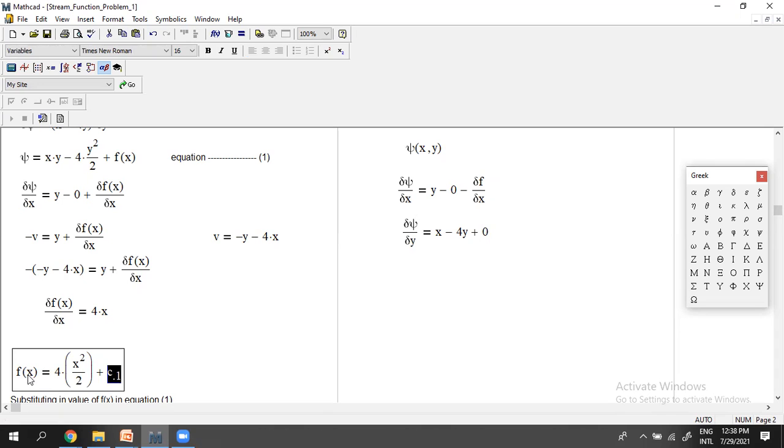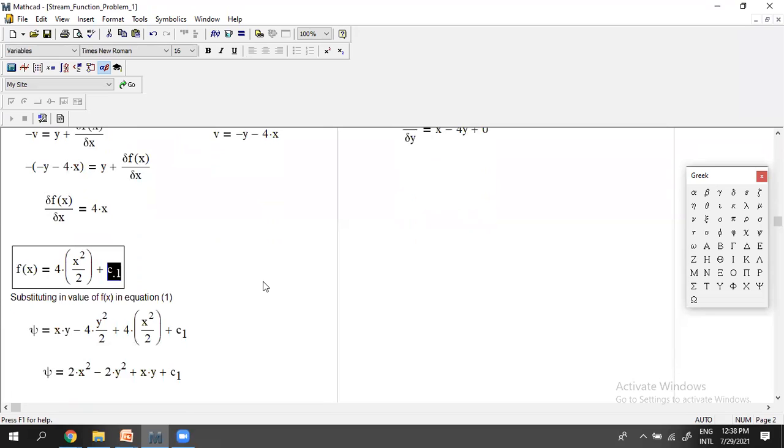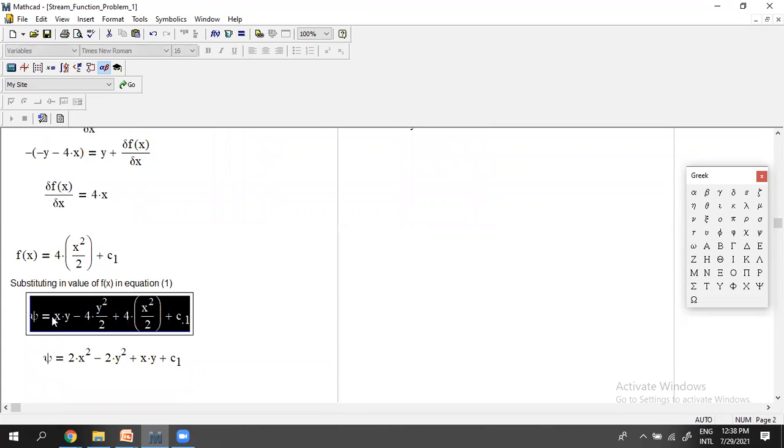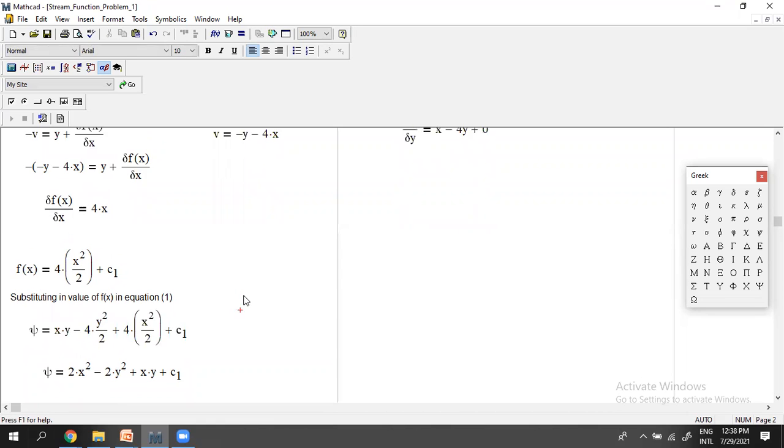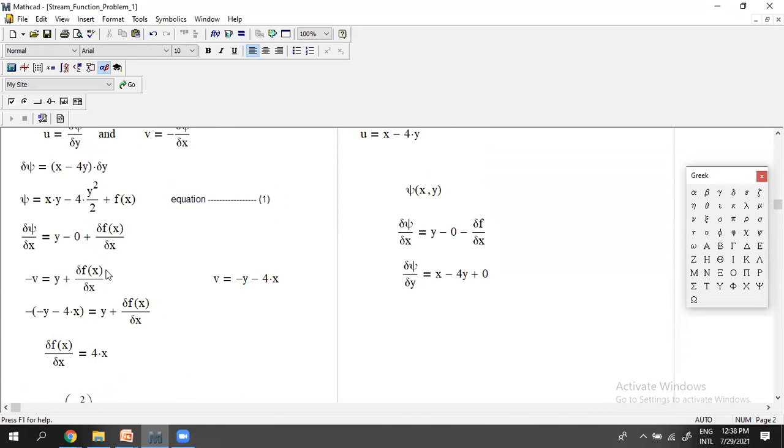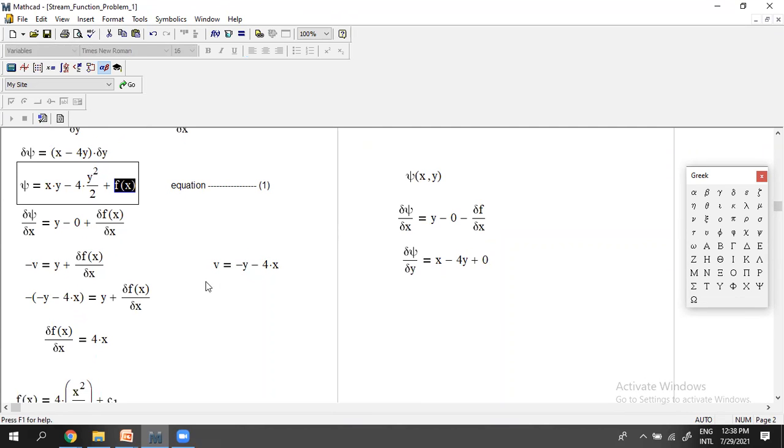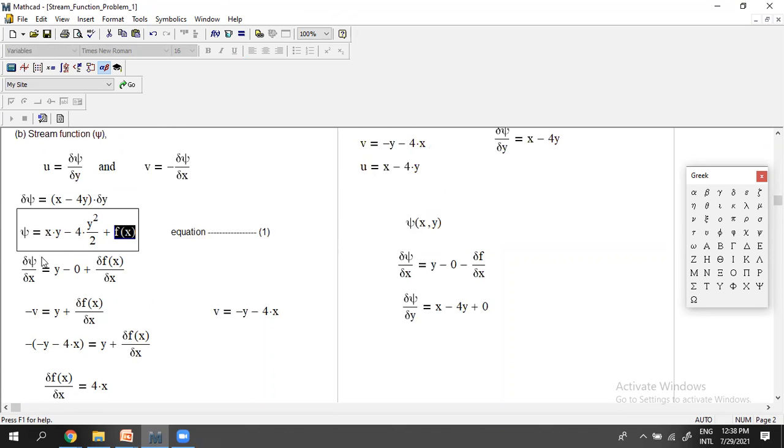So this f of x, now you can put it over here. This is your stream function. Okay, so right over here, if you say only one constant, then that will be wrong, because this is a derivative. You take the derivative with respect to y, then it remains giving you the same result.